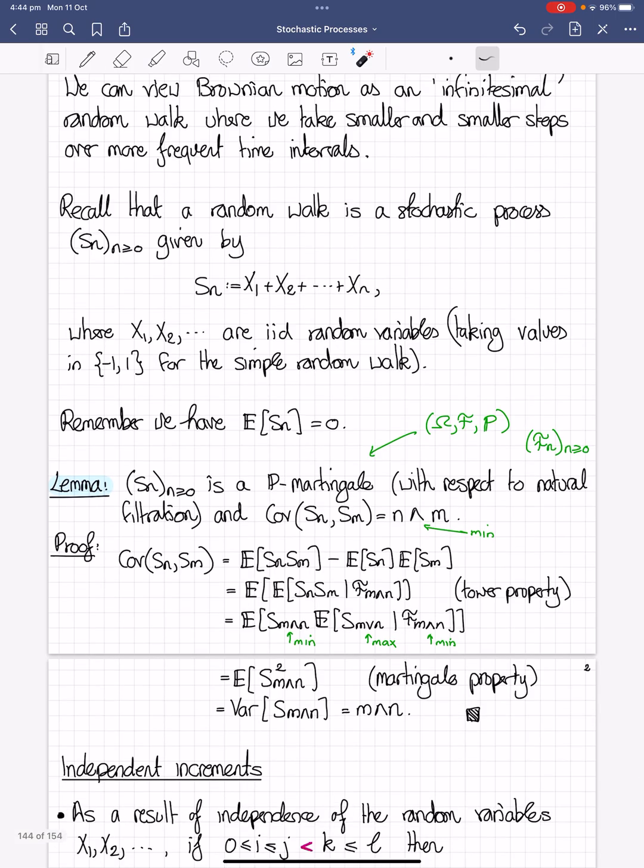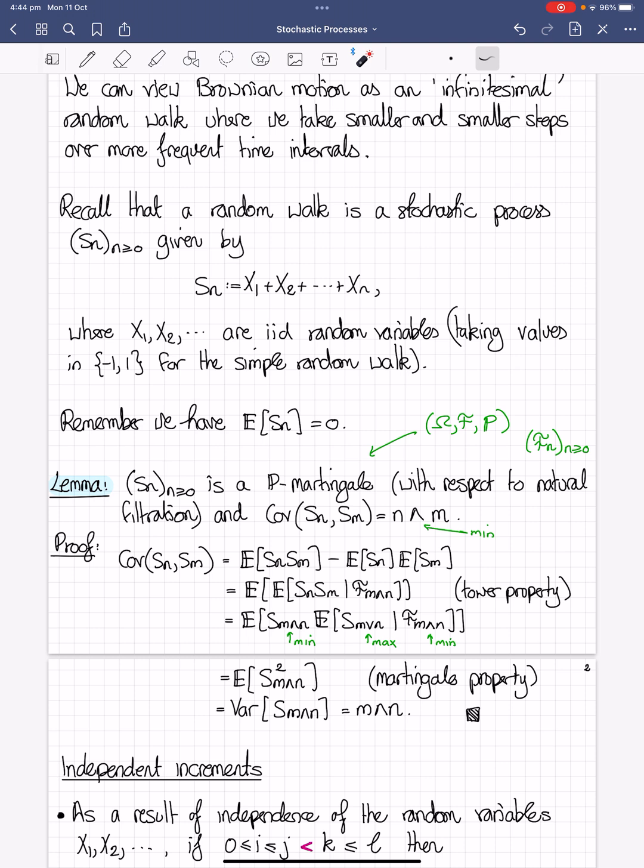If we assume that it's a simple random walk, so that the positive movement and the negative movement have equal probabilities of a half, then we have the expected value of Sn is equal to 0.